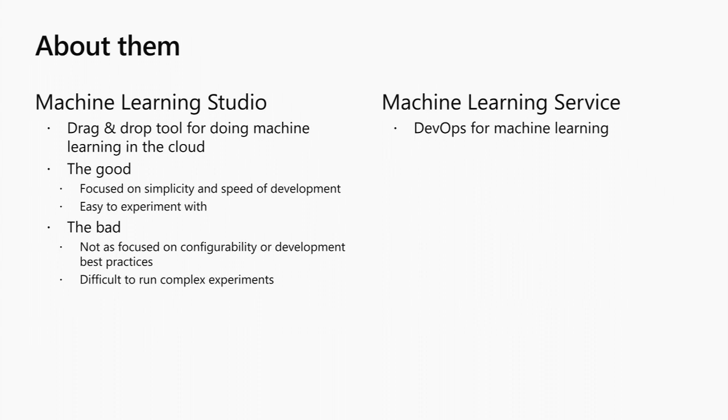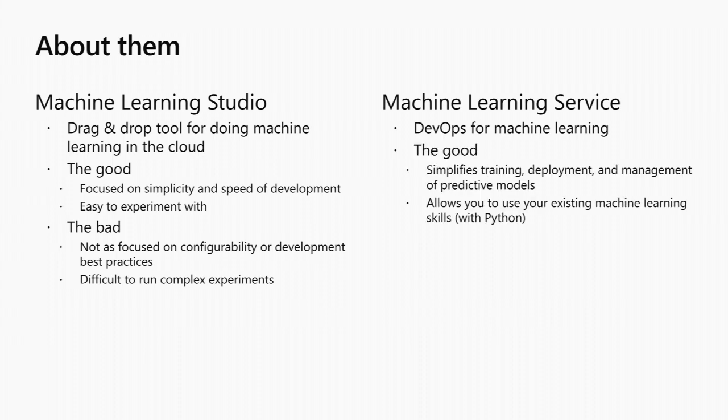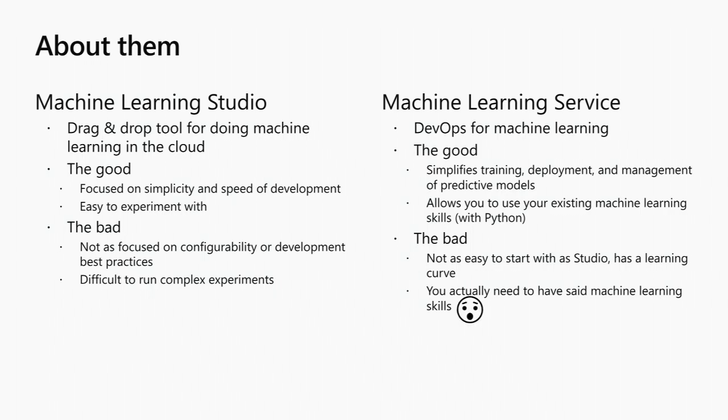It simplifies training your models. It simplifies deploying them, evaluating them, scaling them. And if you do machine learning in Python, it allows you to use your existing skills. On the other hand, it has a steeper learning curve as opposed to Machine Learning Studio, and you kind of need to have those machine learning skills to reuse.